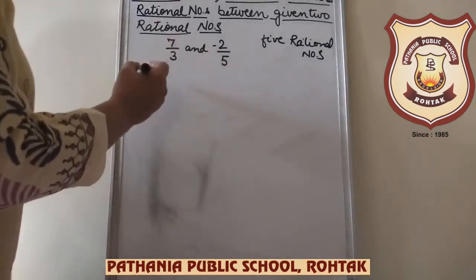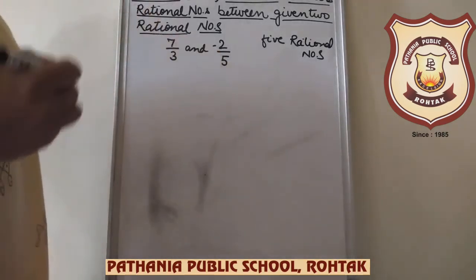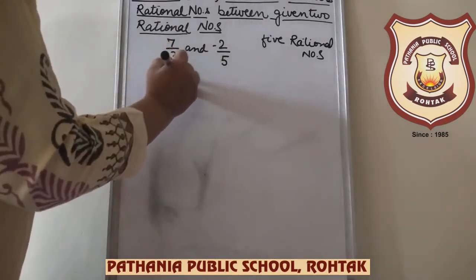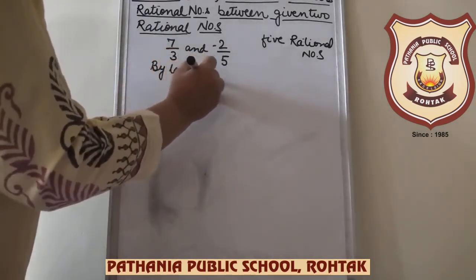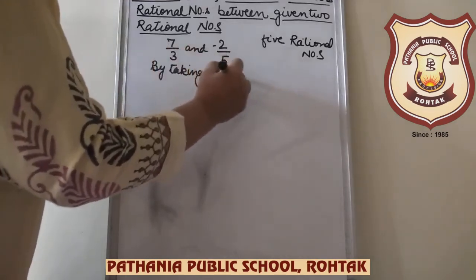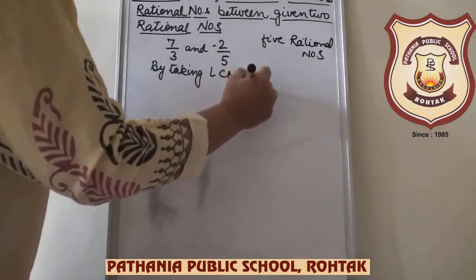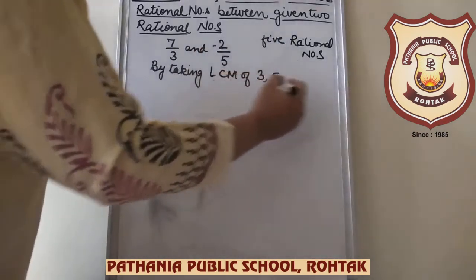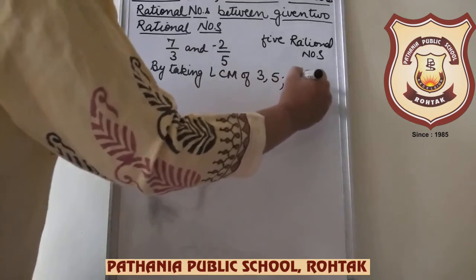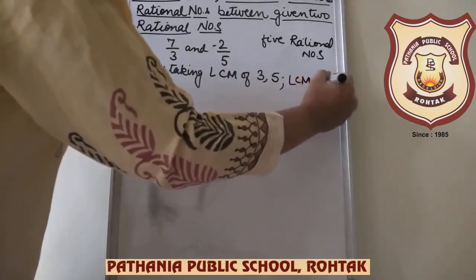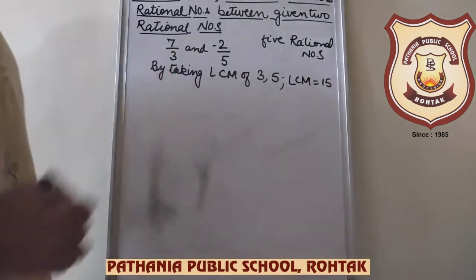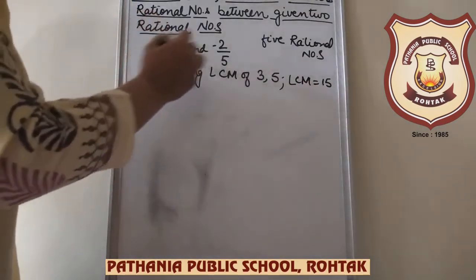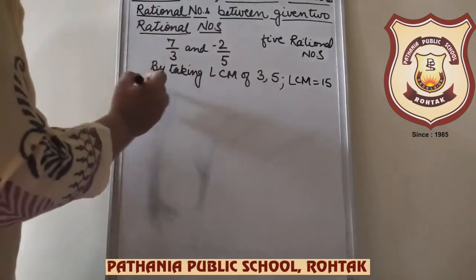First step is to make the denominator same, that is by taking LCM of 3 and 5. The LCM is going to be 15. Now write the equivalent rational number with denominator 15 for each.